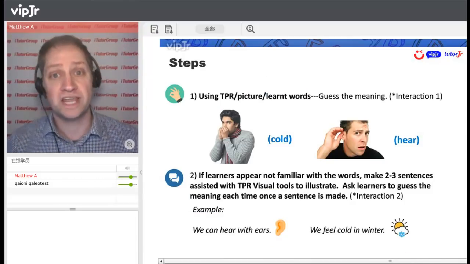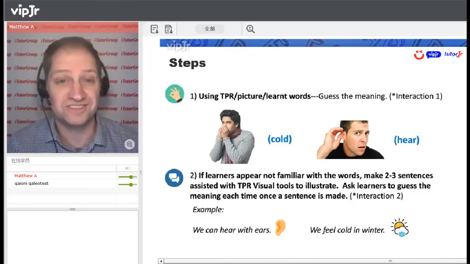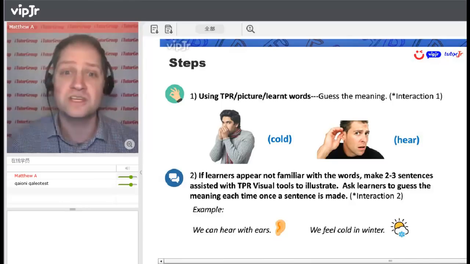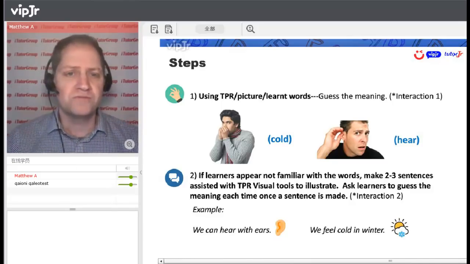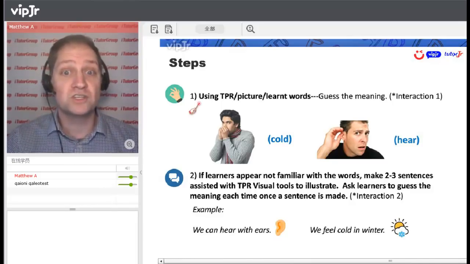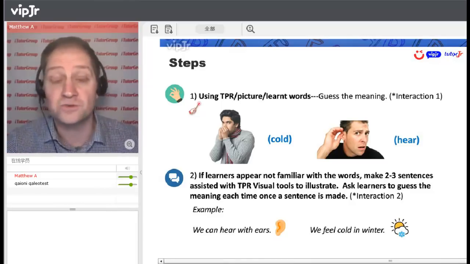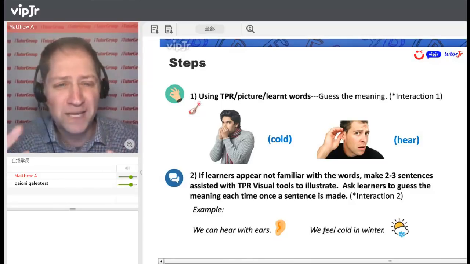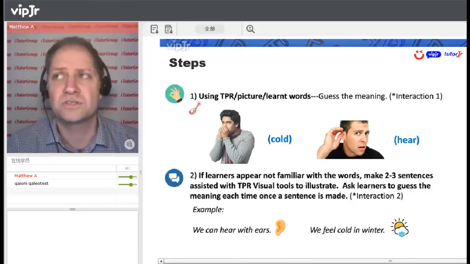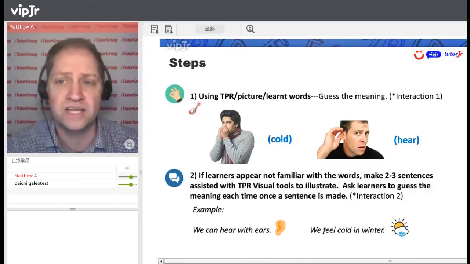So what steps do we want to use when we are teaching new vocabulary to low-level juniors? Well, firstly, notice we want to use a lot of TPR, total physical response. We want to use pictures. We want to use words that they've learned before to help them.